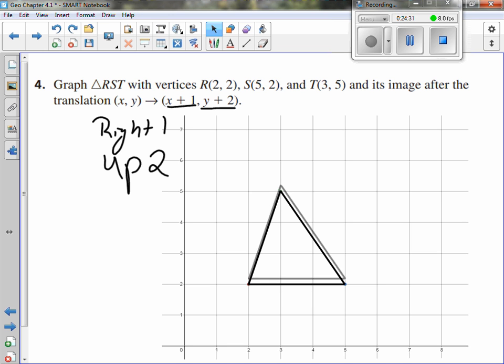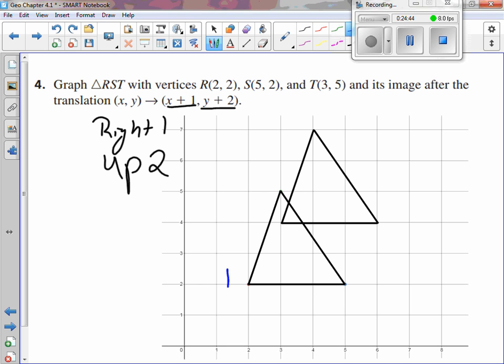So I can take this triangle and move it right 1 and up 1, 2, R, S, T to our R prime, S prime, and T prime. And that's all we have to do for this here. Any questions on any of this here so far? Are we good with all this here?